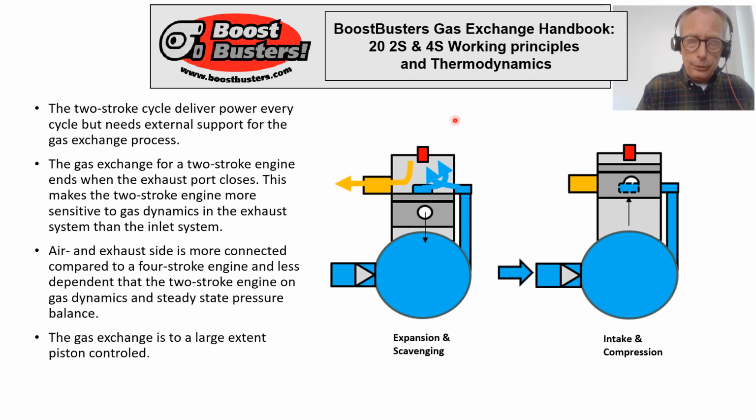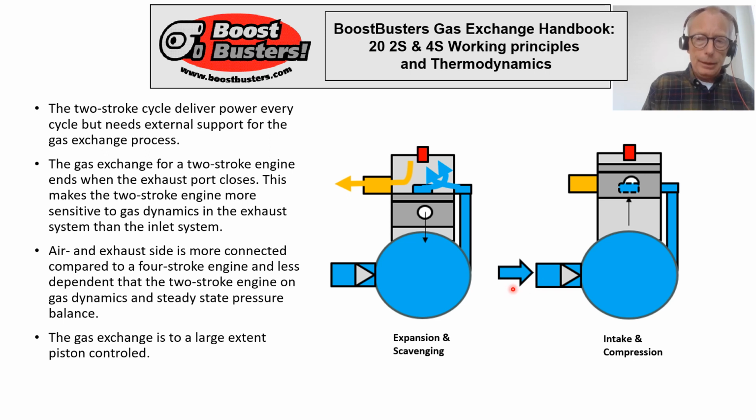So in order to breathe, to create some gas exchange, we need a scavenge pump. And for this course, I am focusing on using the crankcase as a scavenge pump. So the crankcase is completely sealed off in a two-stroke engine, providing the scavenge.